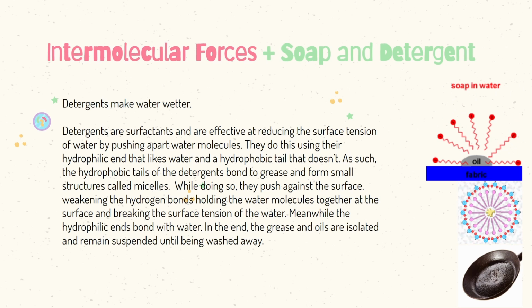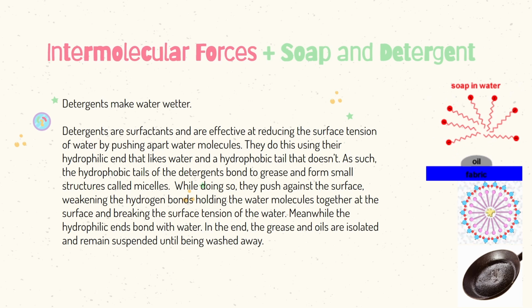They do this by using their hydrophilic ends that like water, which you can see over here: these heads grab onto the water. They actually push at the surface tension, and this breaks it. Meanwhile, they have their tails over here, these zigzag looking things. These are hydrophobic tails.